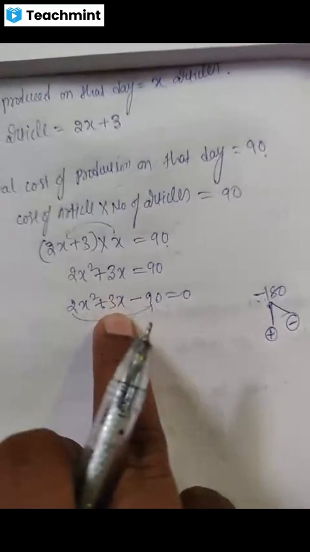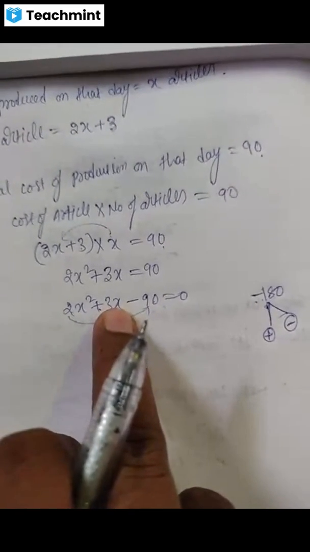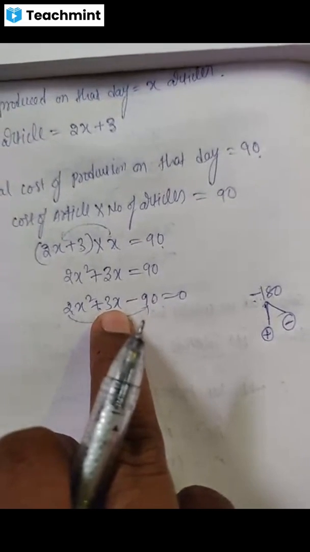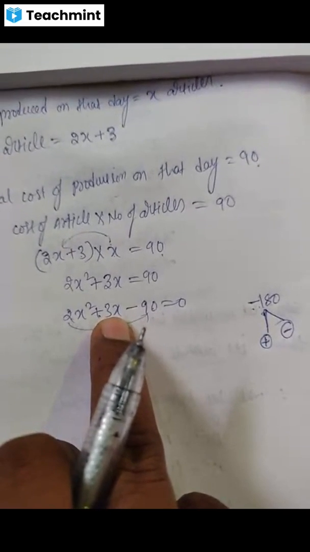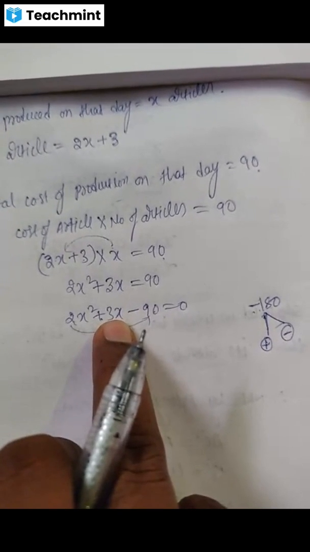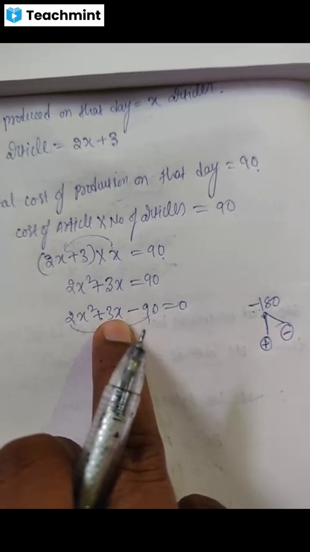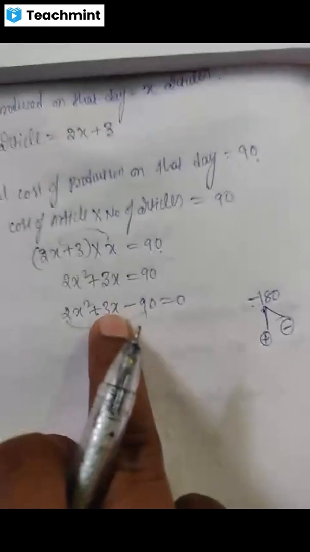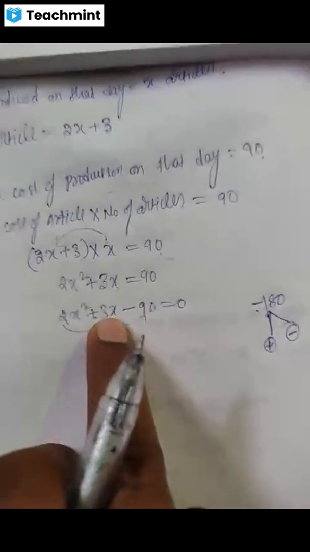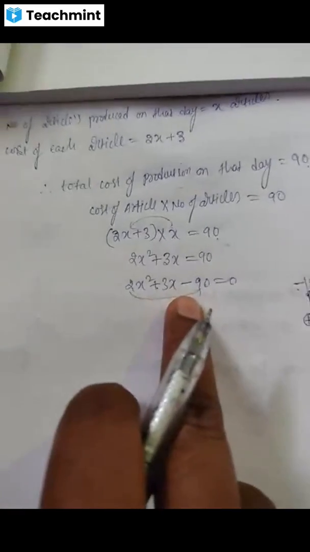With 10, what subtracted from 10 gives 3? 7. 10 7s are 70, not yet, we need 180. 11 8s are 88, 12 9s, and so on. 15 12s is 180. Like that you have to factorize. So solve this one.